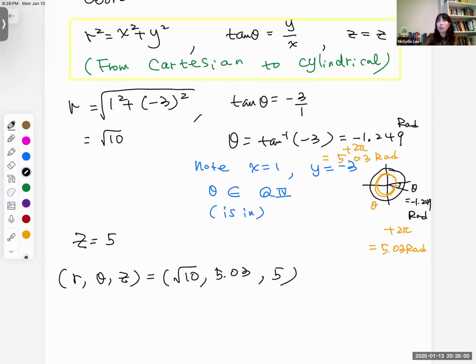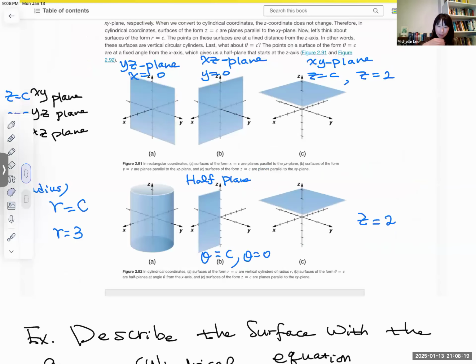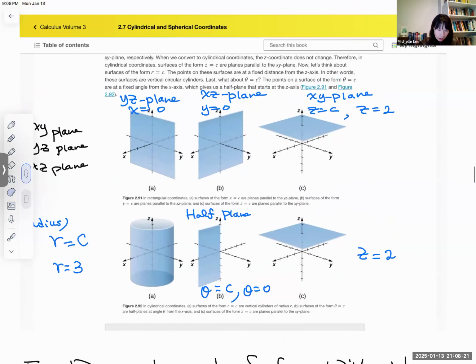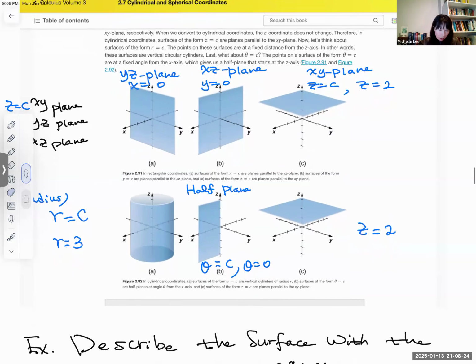All right. Now, let's identify surfaces in the cylindrical coordinate system. Let me bring all the pictures here. Okay. So let's take a look at this picture. We did the YZ plane, XZ plane, XY plane in the previous section, right?